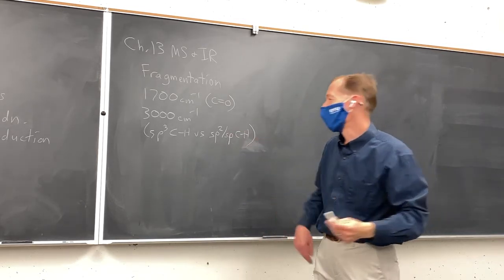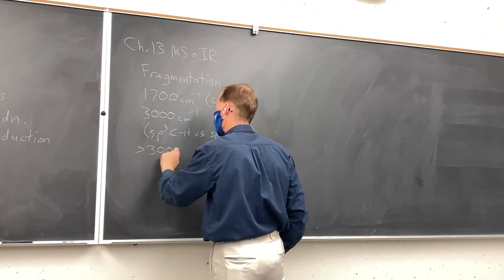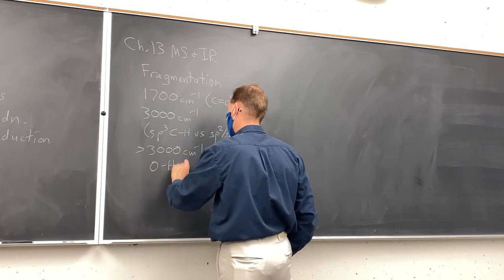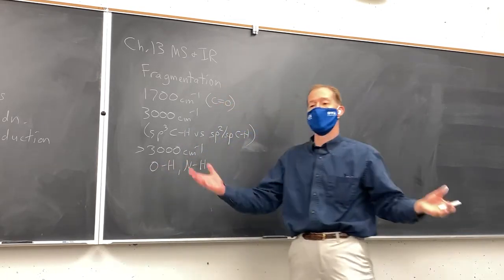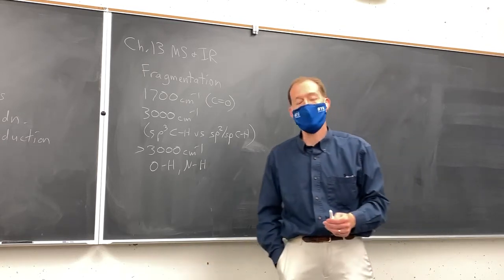Those are just the key things. And of course, above 3000, we have OH and NH stretching, and those are very broad due to the hydrogen bonding. That's really what you would focus on for IR spectroscopy.